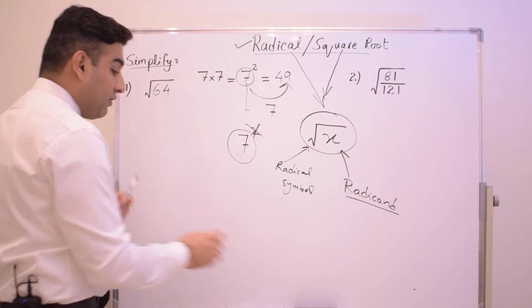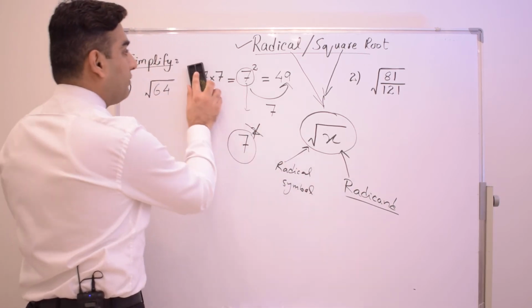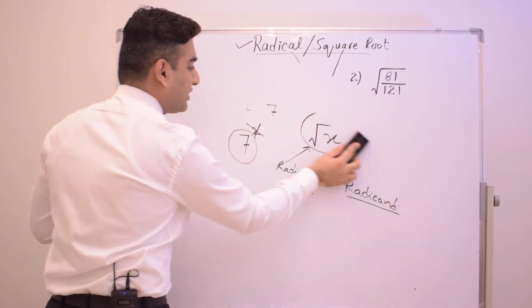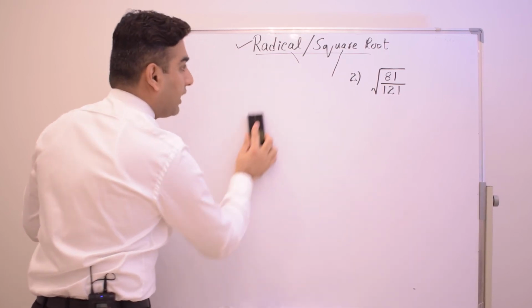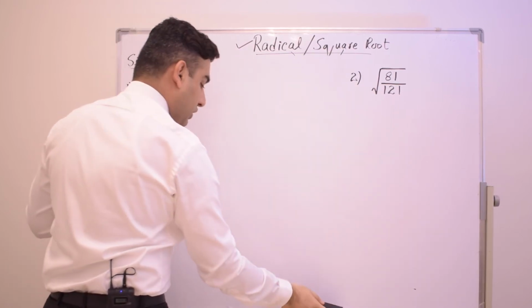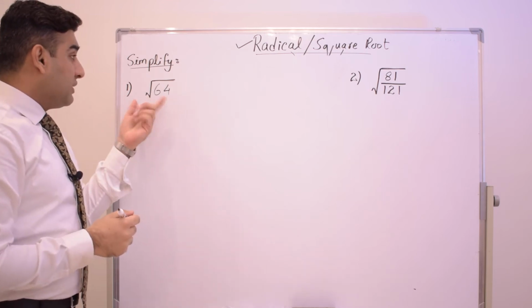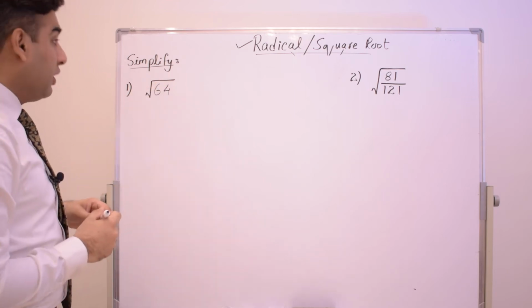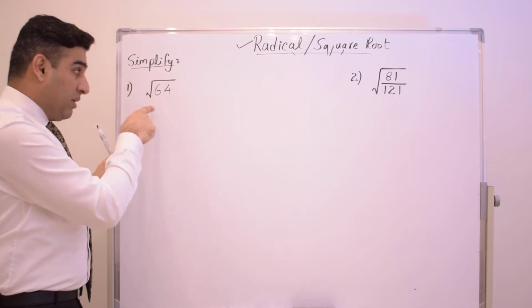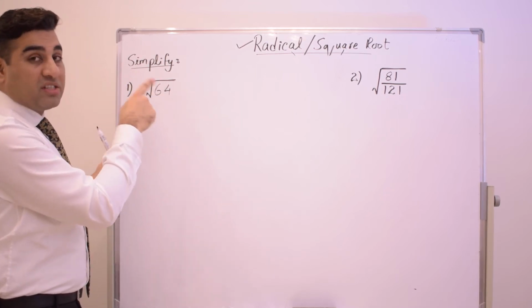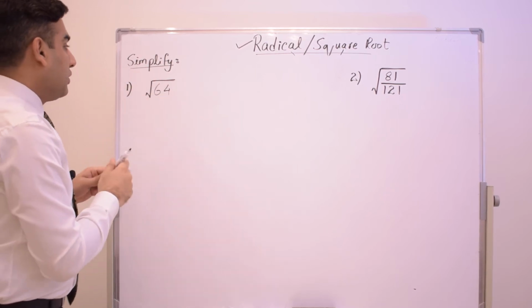Now, for more understanding of this radical, I took two questions as examples. This is the radical of 64. It means we are going to simplify this radical, this root.